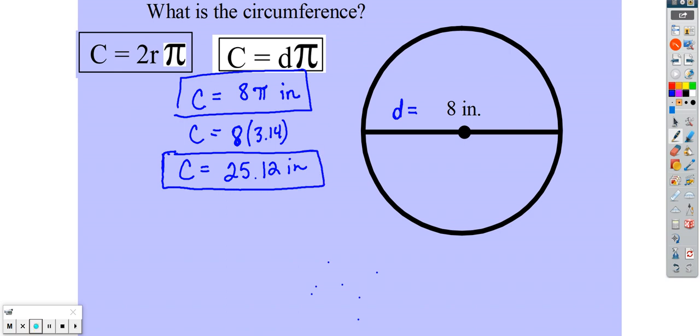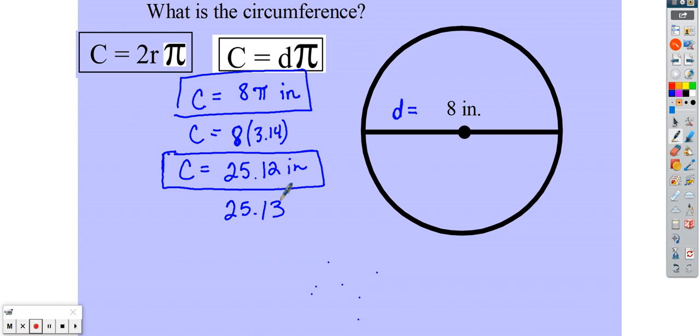Now, if you don't use 3.14, and I believe the book uses the pi button, if I took my 8 and I just pushed the pi button on my calculator, 8 times pi, not 3.14, it's going to give me a slightly different answer. It's going to give me 25 and 0.13.